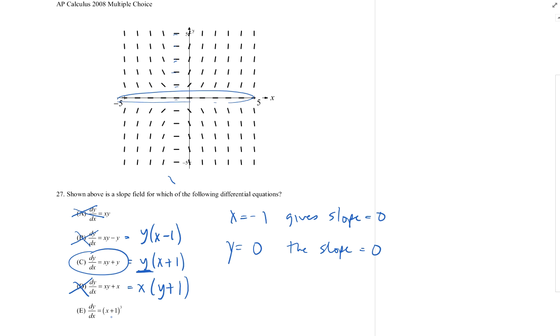Down here, if y is 0, it depends what x is if it's 0. Okay, for instance, for the point 1, 0, the slope is going to be 2 cubed, which is 8, which is not 0, so it can't be that guy.